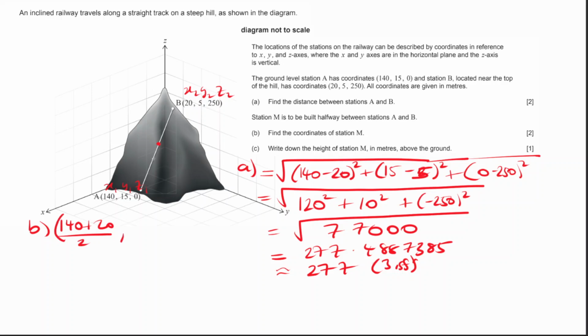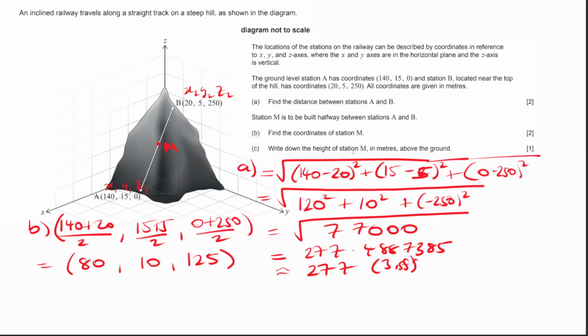Now we add the y coordinates, divided by 2, and then we add the z coordinates, and divide by 2. So we've got 160 divided by 2, that's going to be 80. This is 20 divided by 2, which is 10, and 250 divided by 2 is 125. So that's the midpoint. So this is M.